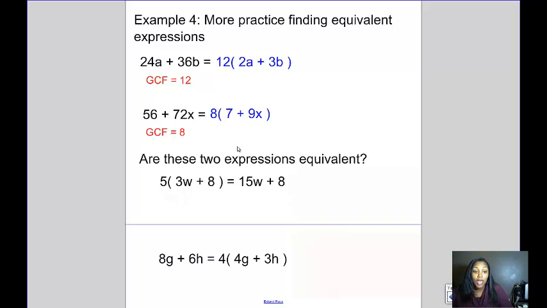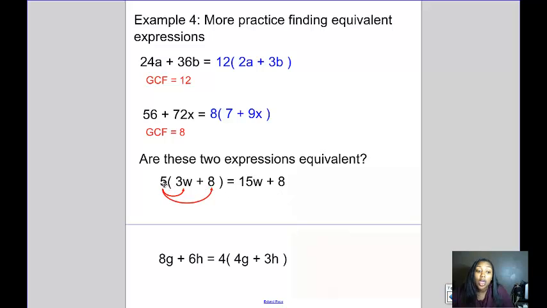So sometimes a question that you might see is asking if two expressions are equivalent. Basically, you need to simplify both, make sure that both sides are in simplest form, before you can compare them. So if I go through here and do 5 times 3w and then 5 times 8, I want to know, is that going to give me 15w plus 8?